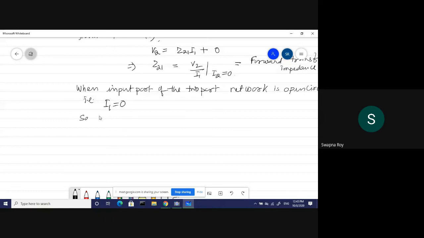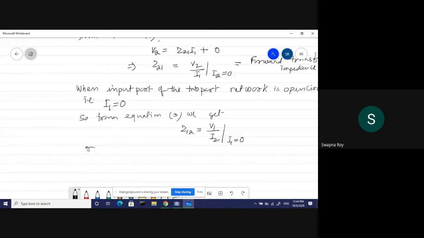So from equation 3, we get Z12 is equal to V1 by I2 when I1 is equal to 0, that is, when the input port is open circuited.